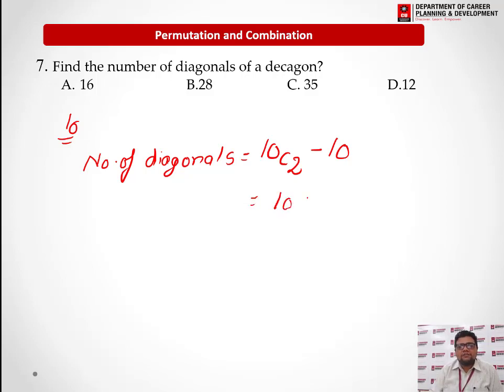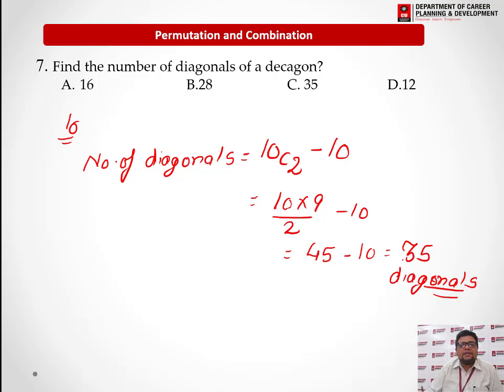If we solve this, it will be 10 into 9 divided by 2, minus 10. It will be 45 minus 10, which equals 35. These are the number of diagonals that can be formed in a decagon. In this way we can find the number of diagonals of any figure.